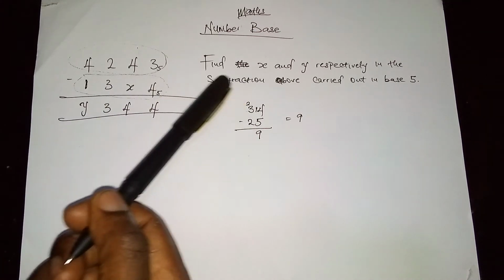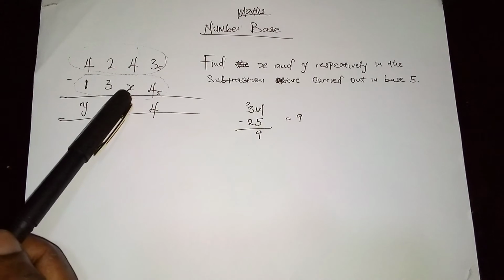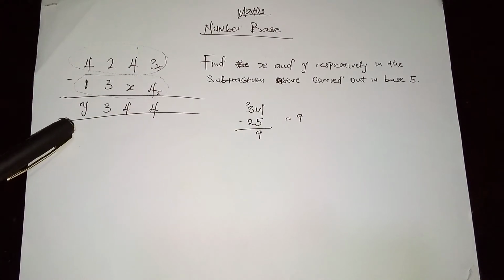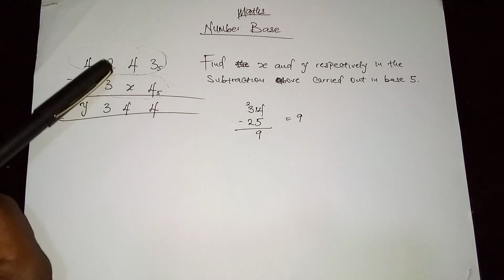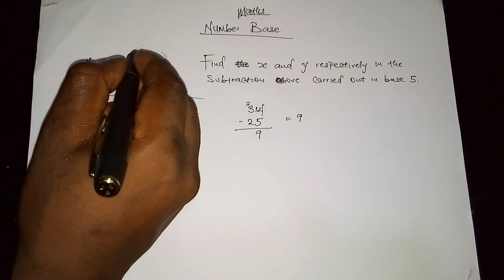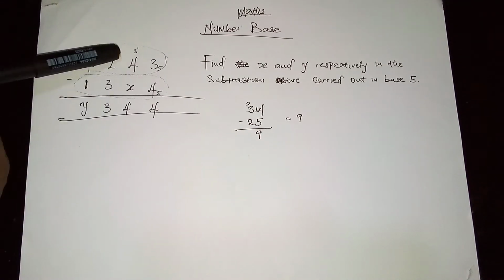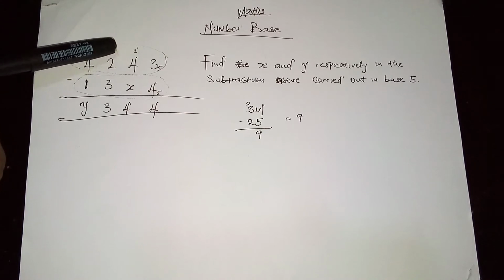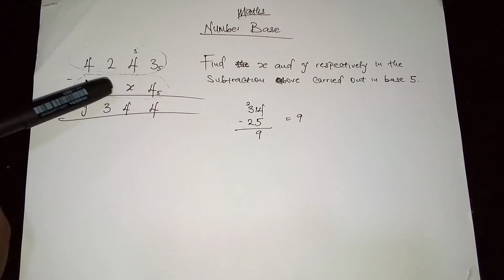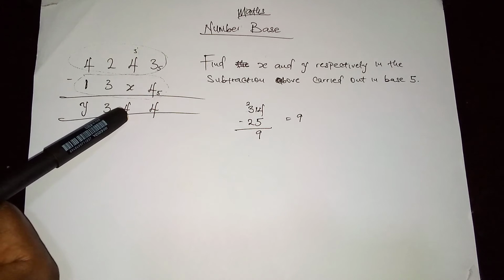We are going to look for the value of x and y, the value of x here and y here. Now remember that what we have left here is 3. So which number will I subtract from 3 that will give me 4?